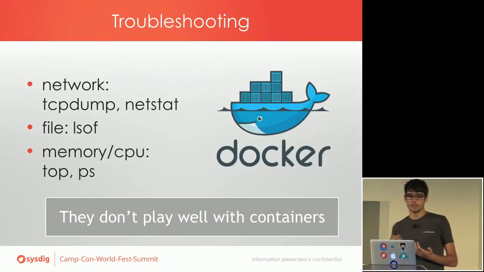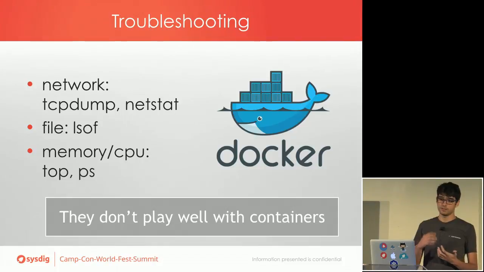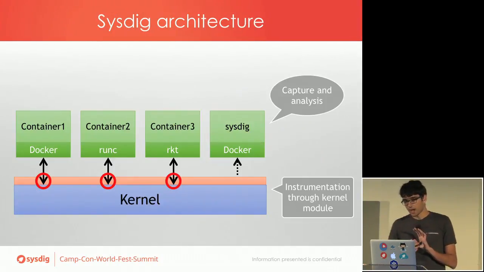You can run tcpdump inside the container, but this means that you need tcpdump inside the container, and it's a bad practice to put troubleshooting tools inside your application containers, because they should be as simple and as lightweight as possible. So all these tools have some glitches that make them not so useful with containers.